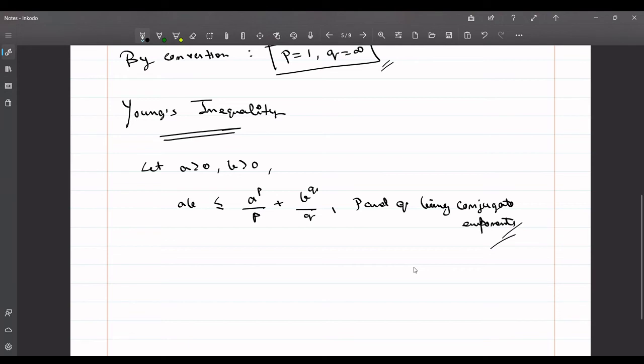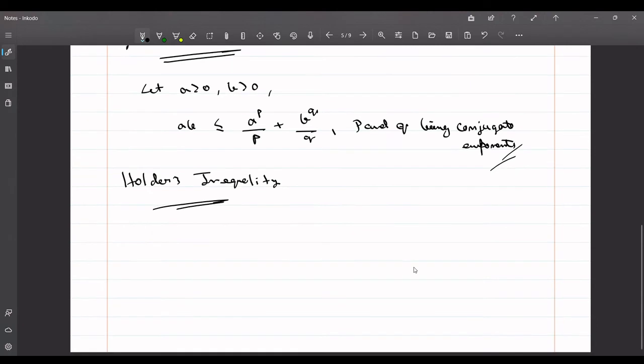Clear? And let us also write Holder's inequality. We will prove them one by one.